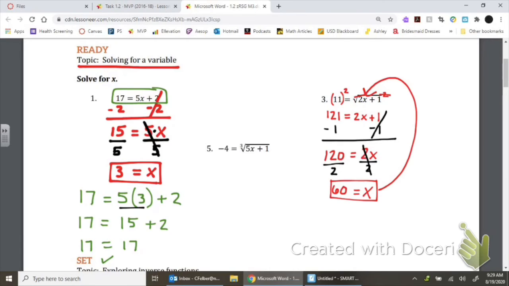All right, the last one I want to talk about is number 5. Number 5 is a little bit different. It's similar to number 3, but instead of a square root, it is the cube root. So the fact that number 3 was a square root means that I had to square each side when I did the opposite.